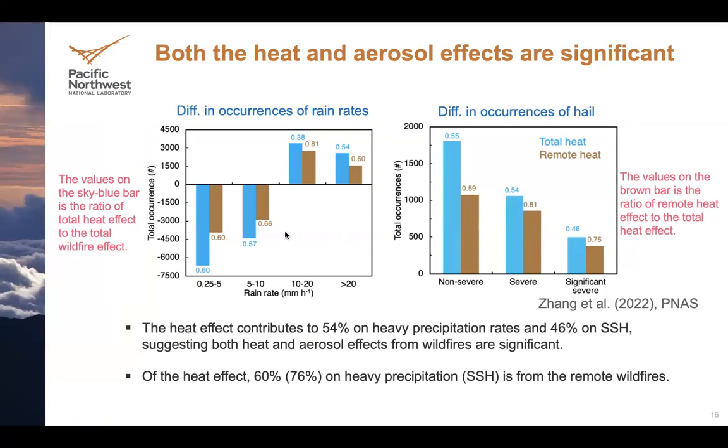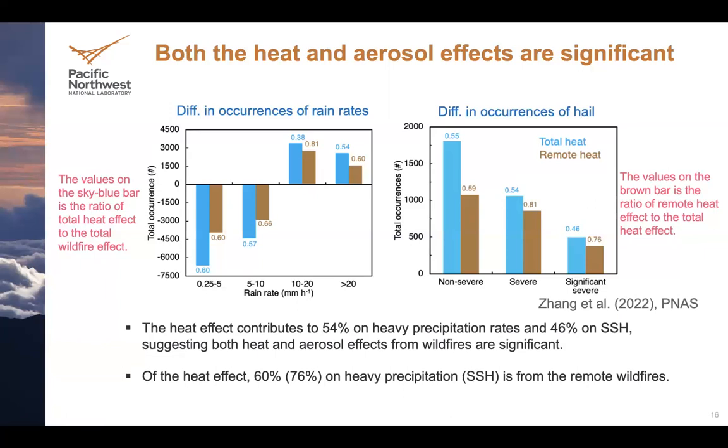And for the heat effect, we further look into the remote heat effect and the local heat effect. The values on the brown bar are the ratio of the remote heat effect to the total heat effect.